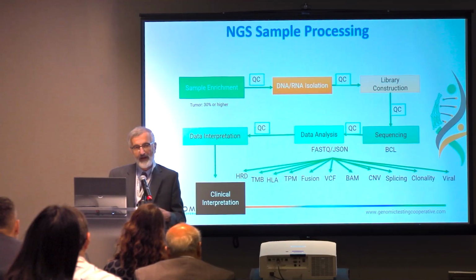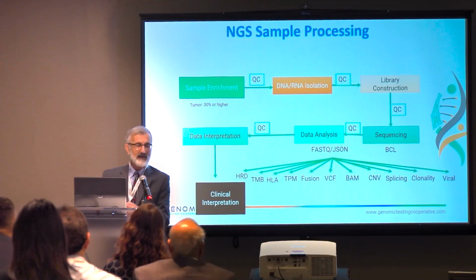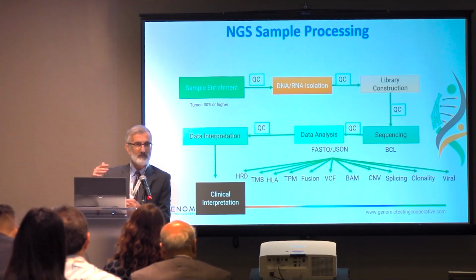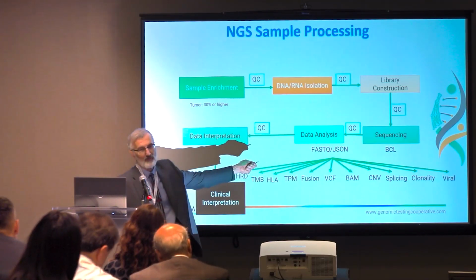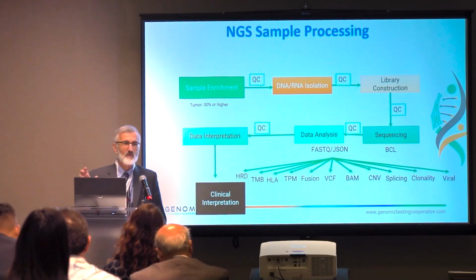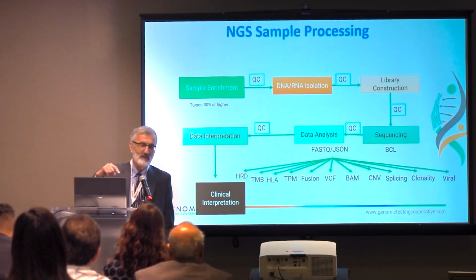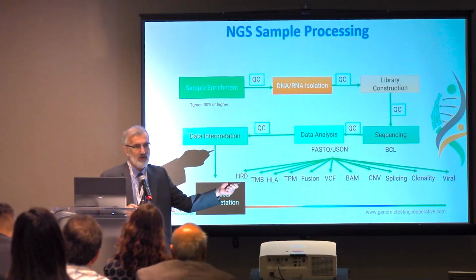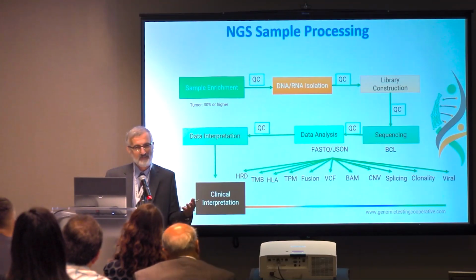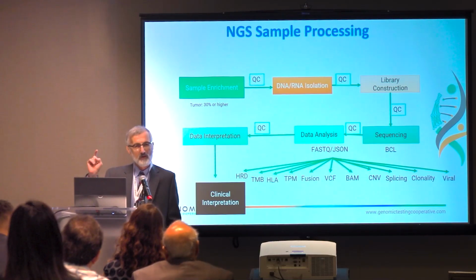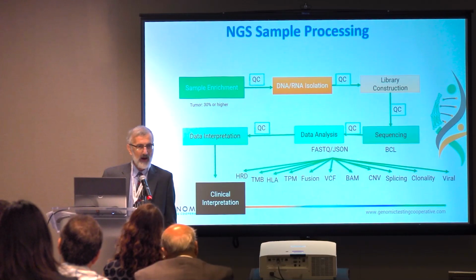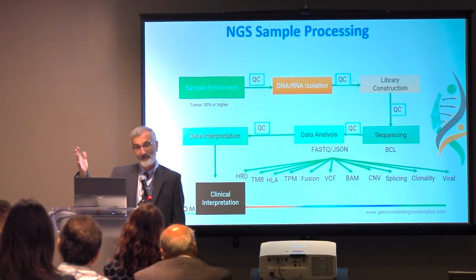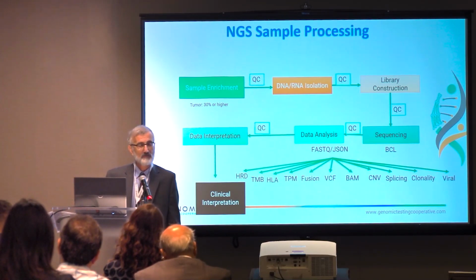So we have a list of hotspot mutations that we go straight to the FASTQ files and look for the mutations in the FASTQ files, because sometimes the VCF file does not read the mutation very well. So we look for the hotspot mutation in it and we pull them out, and our technologists as well as pathologists have to compare the hotspot list in these patients.